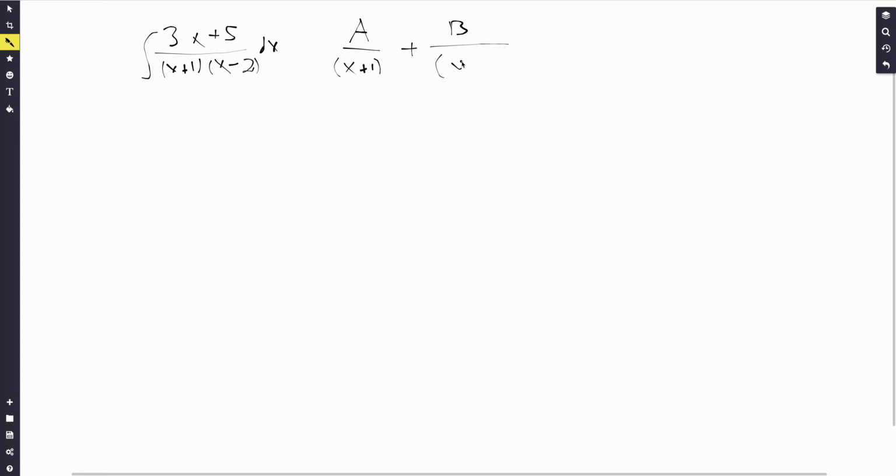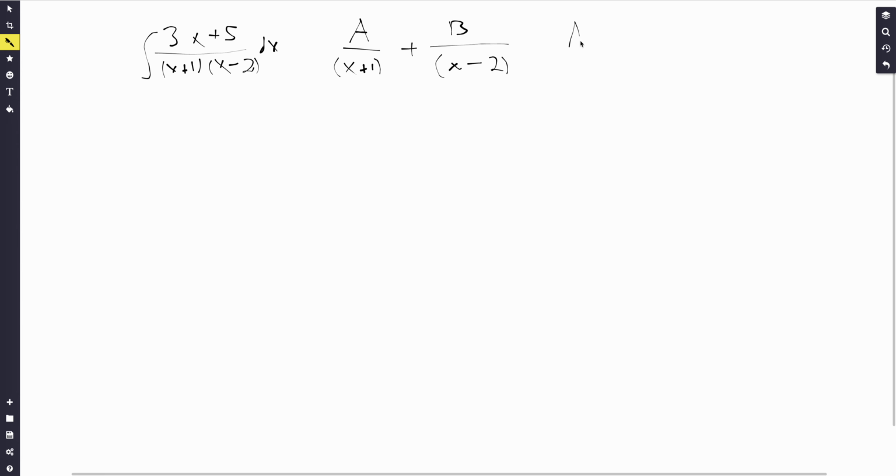Okay, so we had the integral of (3x + 5) divided by (x + 1)(x - 2) dx. Okay, and we had that equal to A over (x + 1) plus B over (x - 2).